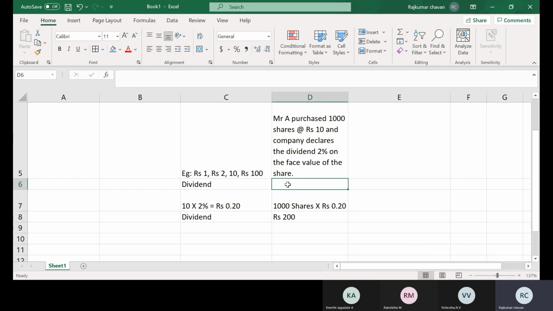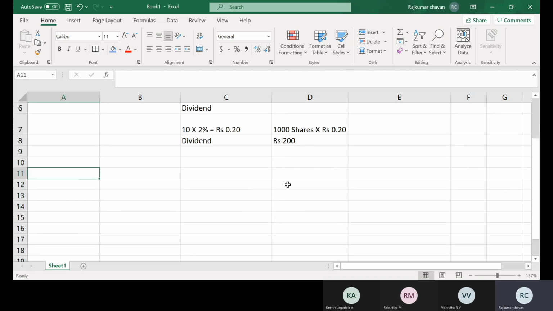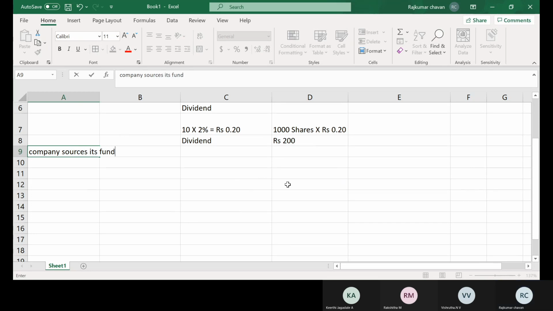Now understand, everyone: a company sources its fund from share capital. Correct? The company will source its fund from where? From the share capital.